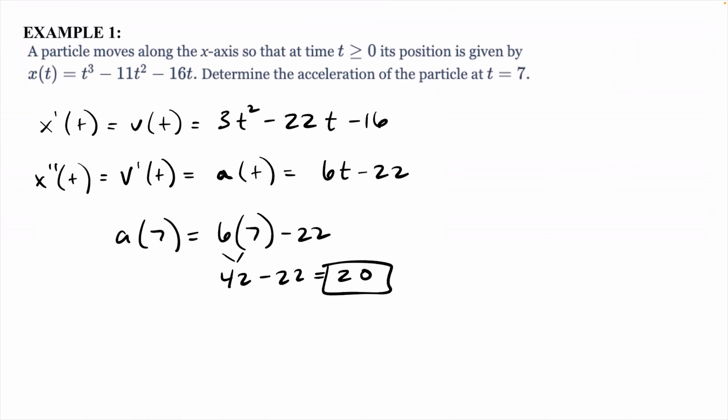Acceleration is distance over time squared. So feet per second squared, miles per hour squared, that's acceleration. So if they ever ask you for those, you would use acceleration. Okay? All right.